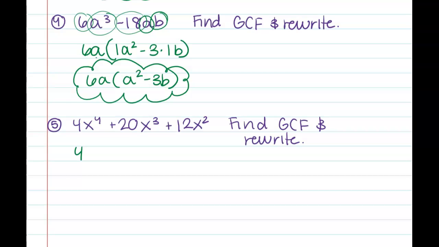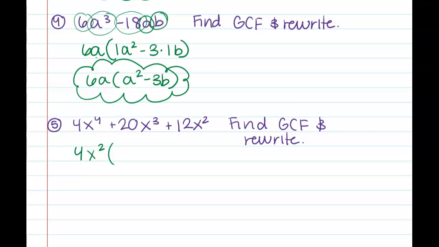X's, I can divide all of them by x squared. Again, if you try to do an x to the 4th, you'll end up with x to the 4th times what equals x cubed, and it doesn't work. If it doesn't work, it means you chose the wrong GCF, is the short answer.